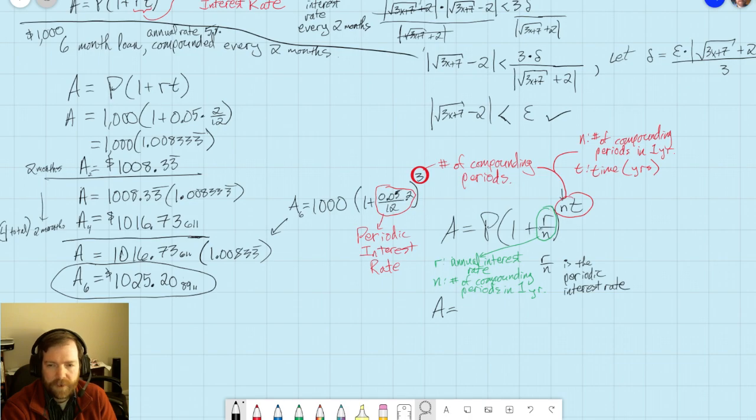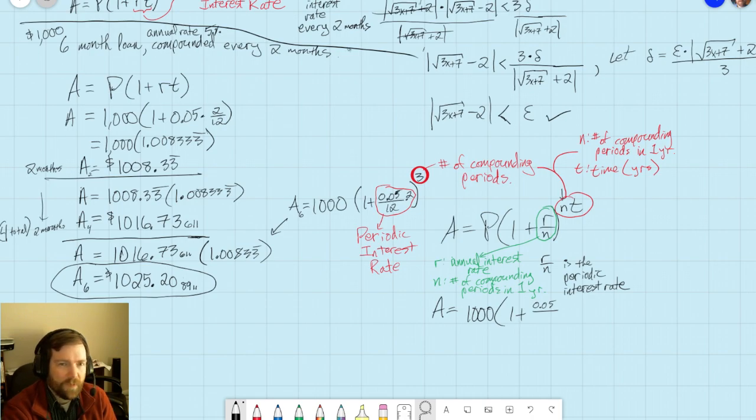Okay, that's the periodic interest rate. That's the number of periods. What do we have? Let's go. All right. So in this particular case, again, we could have jumped using this formula and said this was $1,000 times 1 plus 0.05 over the number of compounding periods in a year.